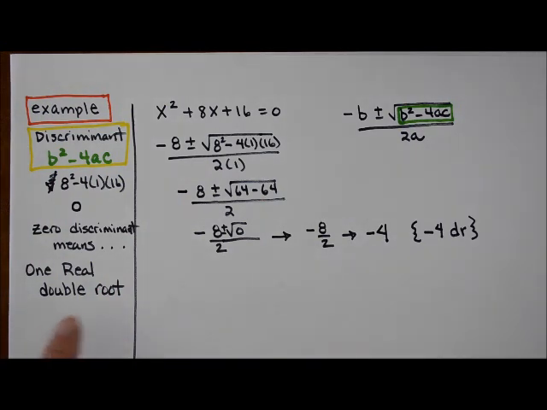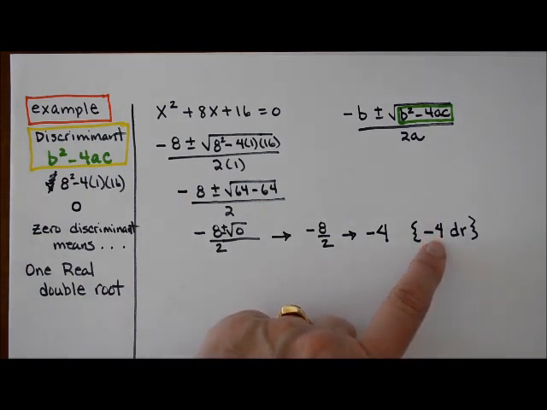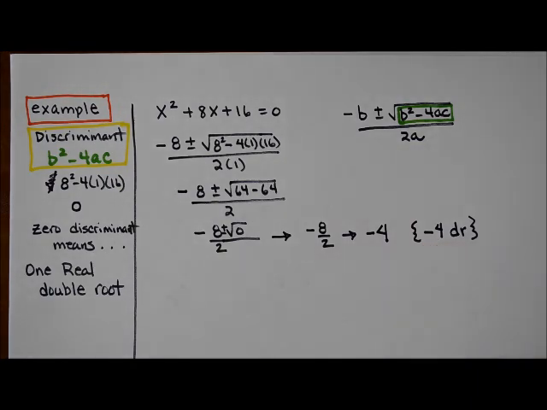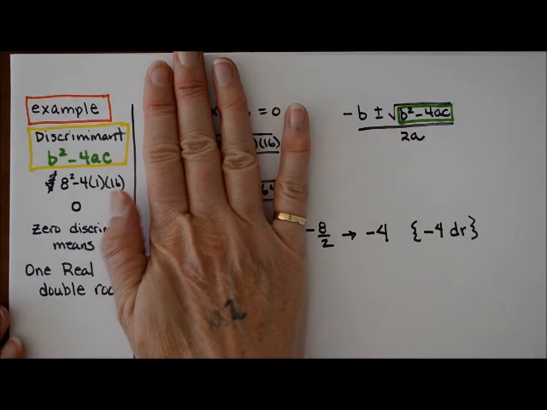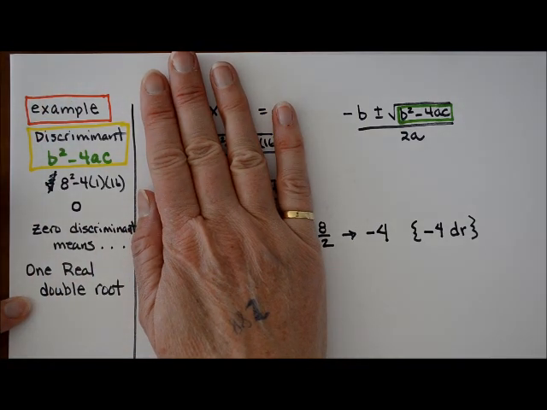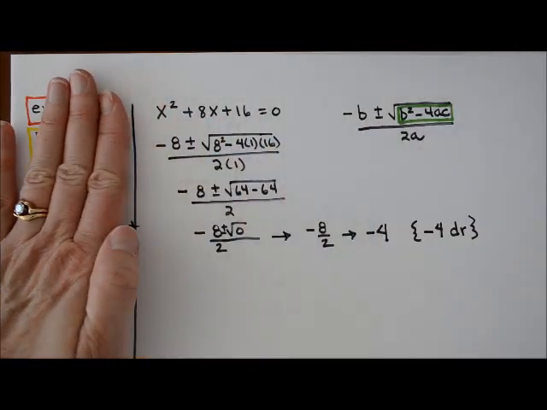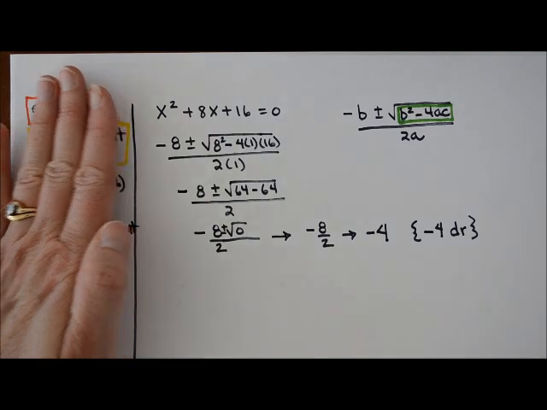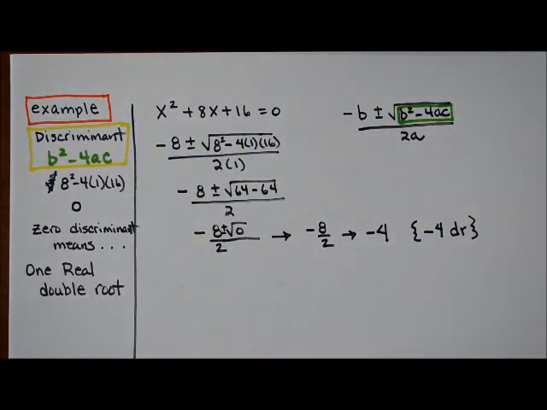This one happens to be a rational root because there's no radical, it's not the square root of something. Okay, so if they ask for the nature of the roots, you just do this. If they're asking for the root itself, you have to do that. So those are the two different things. All right, that is it, and we will talk about this in class.